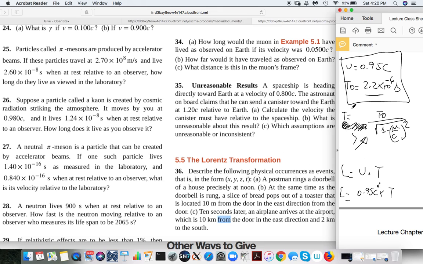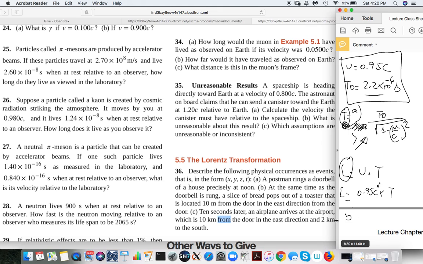This is part A. Part B: how far would it travel as observed in the muon's frame? Isn't that what I just did? Oh, how long is t? We did that. And how far is L? We did that. What distance is this in the muon's frame?